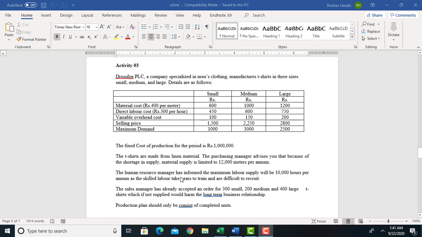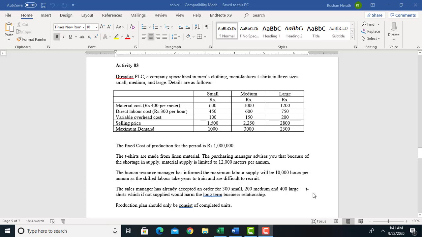Then the human resource manager has informed the maximum labor supply will be 10,000 hours per annum, as the skilled labor takes years to train and are difficult to recruit. Another constraint, that is the labor constraint. The labor would be limited to 10,000 hours.